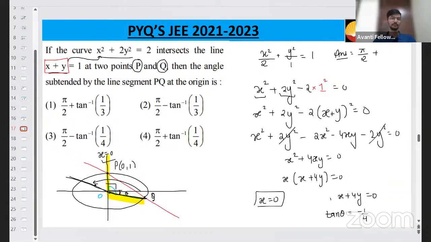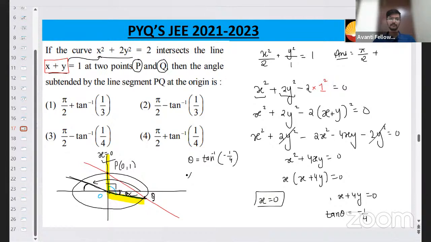So we got this value. Now we want this value. What will be this value? This value will be pi minus this. So that means theta is, let me write it here, theta is tan inverse of minus 1 by 4. Sorry, theta means slope. Say this is alpha.